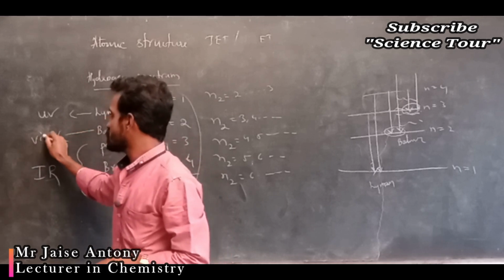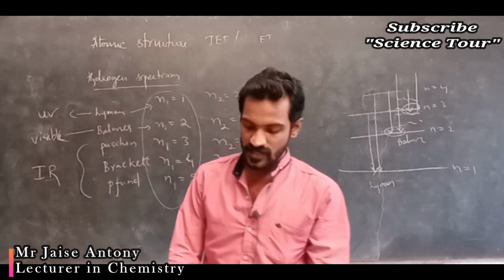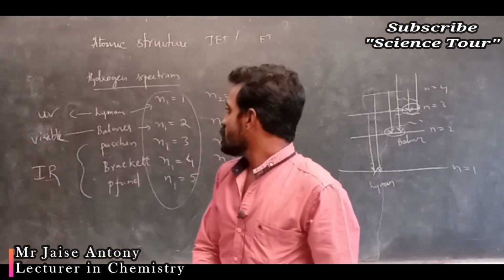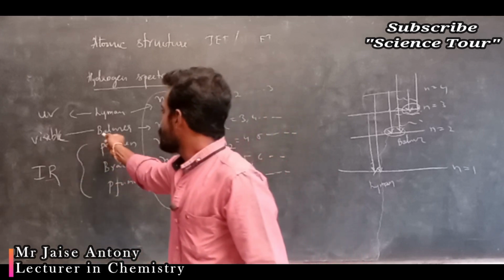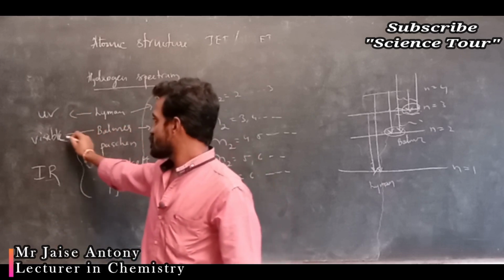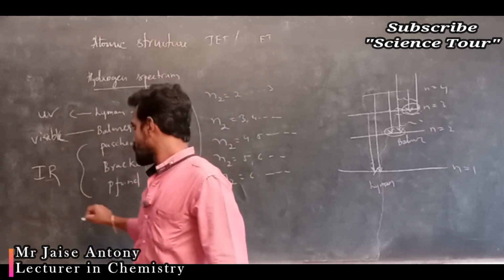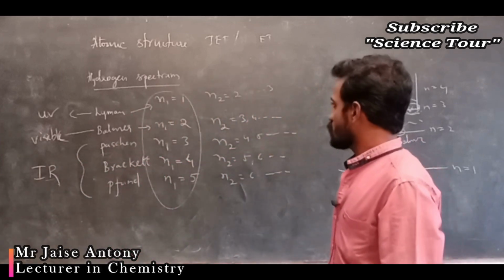Balmer is the visible region. Note down this point, my dear students. Lyman contains UV region wavelength, Balmer contains visible region wavelength, and all the other three contain infrared region wavelength. Note down this point, my dear students.